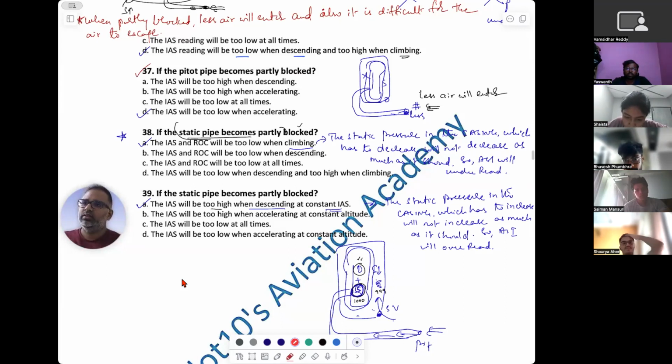Rohit Sharma, then Virat Kohli, Gill, Ishan Kishan, Hardik Pandya. Ishan Kishan might not play today. No, sir. I have met him once. He was good.